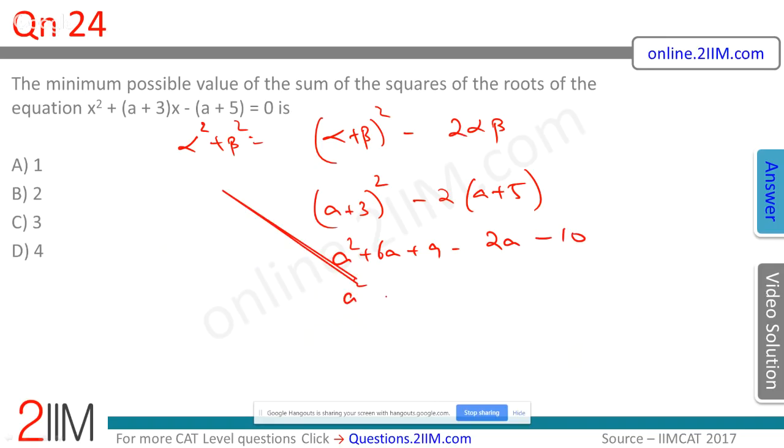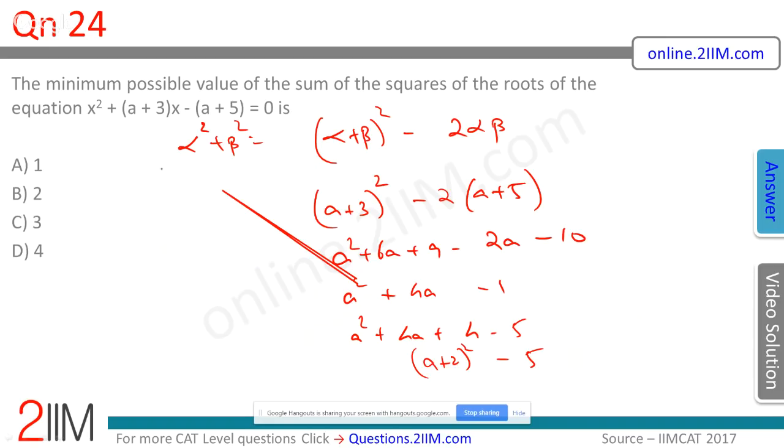So a square plus 4a minus 1. A square plus 4a plus 4 minus 5. Minimum possible value is, this is a plus 2 the whole square minus 5. We're getting that the value can be minus 5, which is evidently wrong.